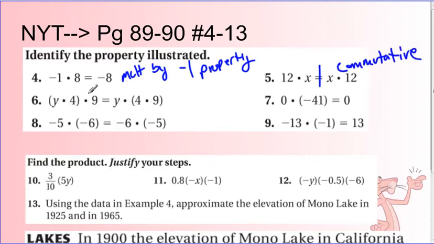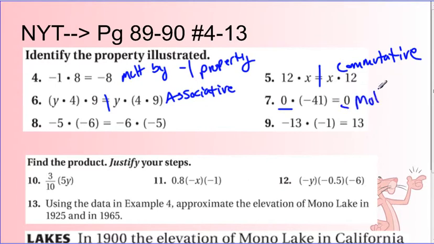Number 6, they're changing the parentheses, so they were around the y and the 4. Now they're around the 4 and the 9, so that's the associative property.